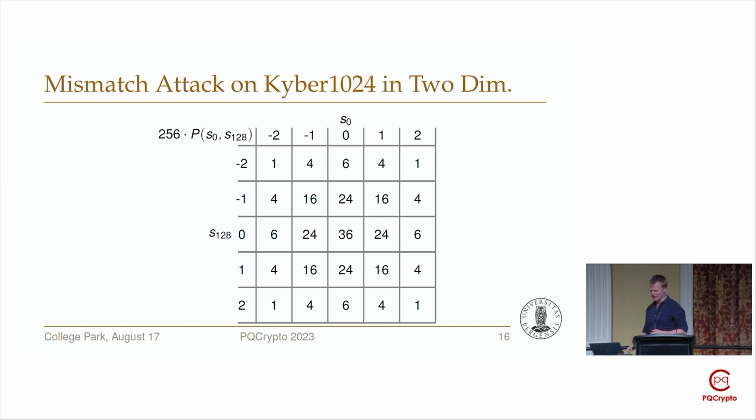So the values I have here are the probability distribution for the combination of values of S0 and S128, multiplied once again by a factor, this time 256, to increase the readability of the grid. So the interpretation here is, for example, that the probability that S0 is 0 while S128 is -1 is 24 divided by 256.